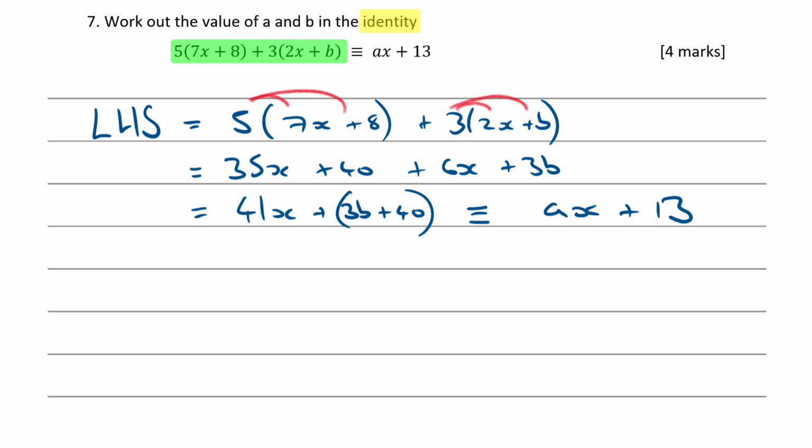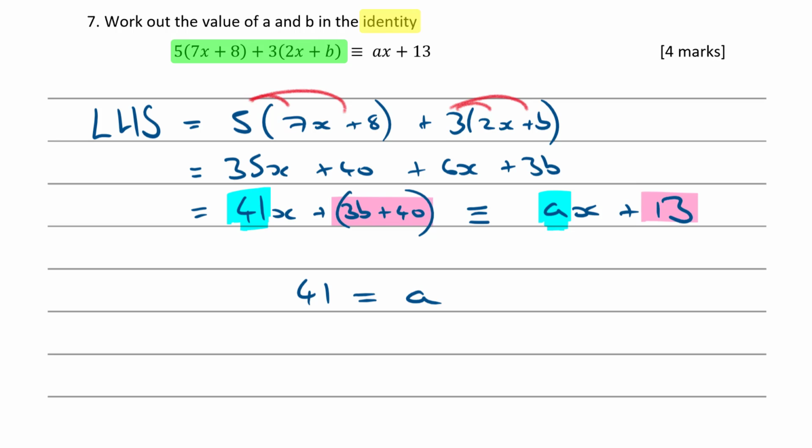Let's have a look at the coefficient of x here. The coefficient of x on the left hand side is 41, and on the right hand side it's a. So if we're saying that these two things are identical, then 41 must be equal to a. Similarly, the number part must be equal as well.